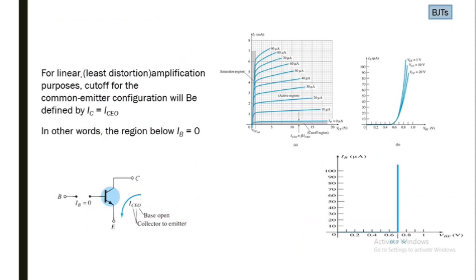So for the least distortion amplification purposes, we will have a cutoff region beyond this, where IB is equal to 0 and IC is equal to ICEO, which is majority, which is actually the amplified minority carrier flow.